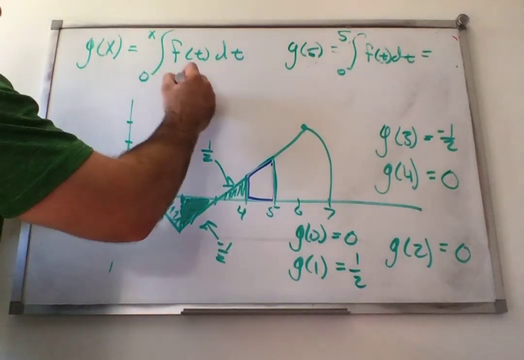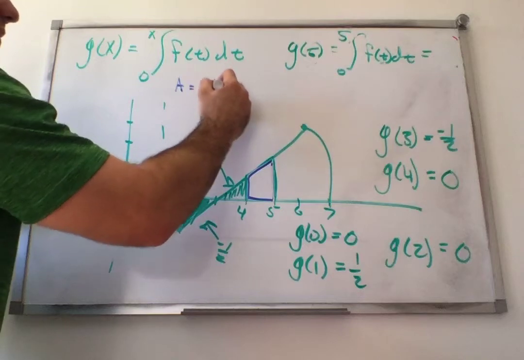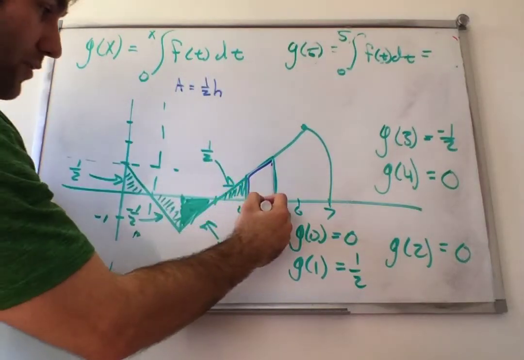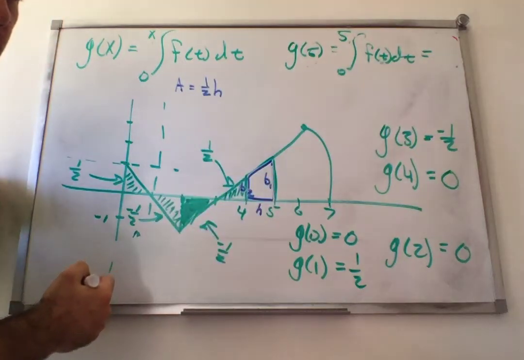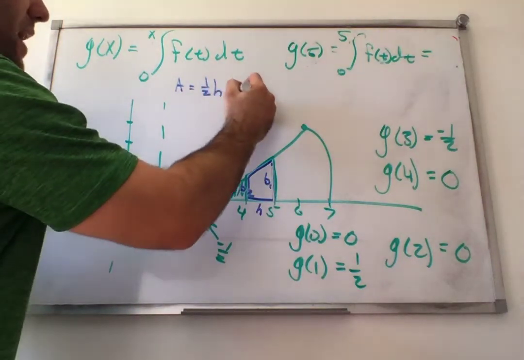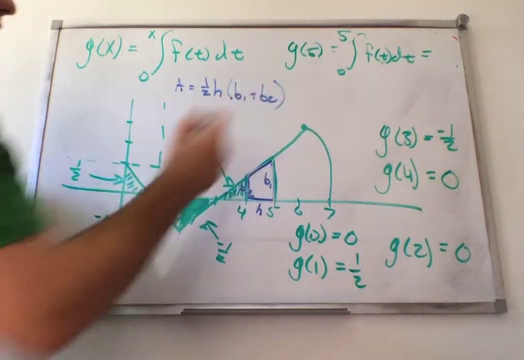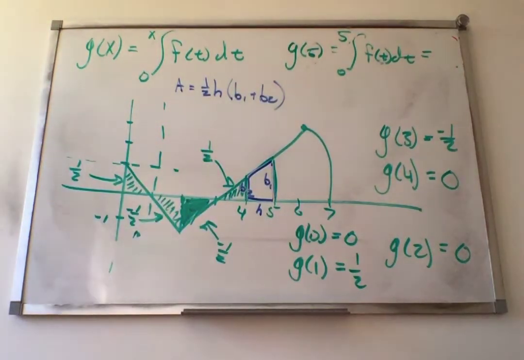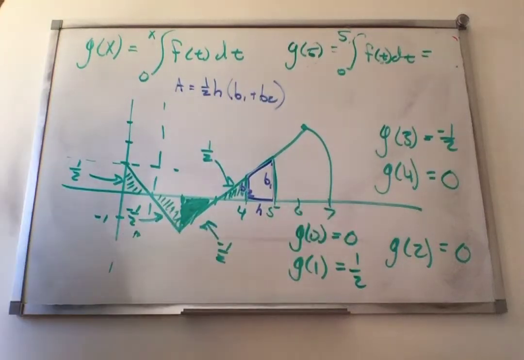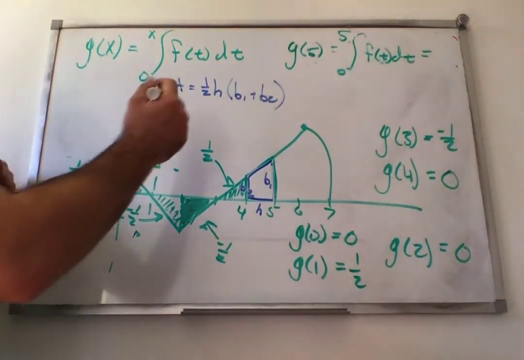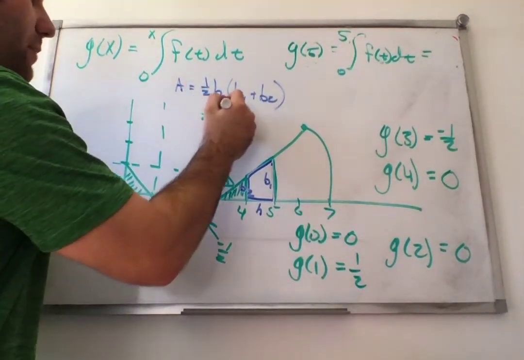The area of a trapezoid is 1/2 the height. The height here is, right here's h, there's B1, there's B2. 1/2 base 1 plus base 2. Well, the height is 1. That is the distance right here. Each height is 1. So if I plug 1 into here, I get 1/2 times 1.